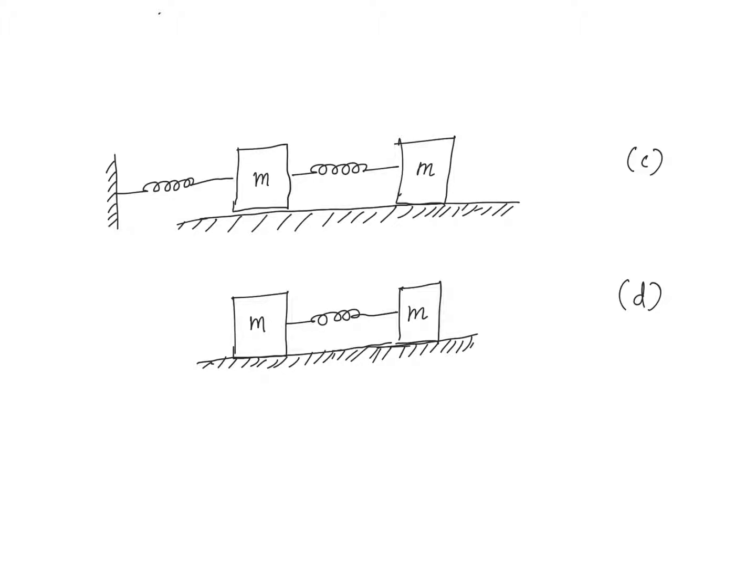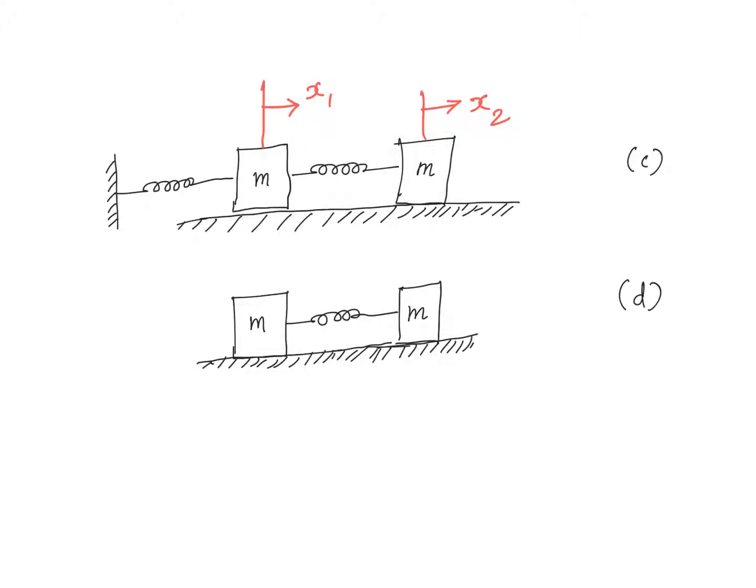In this scenario, let's call the displacement of the first mass x1 and this mass x2. Think of a situation where I know x1 alone. If I know x1 alone, then x2 can take any value.